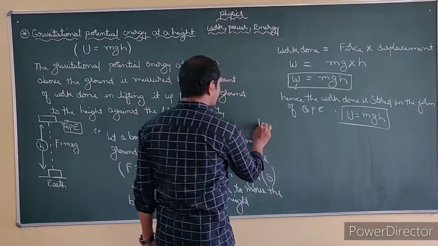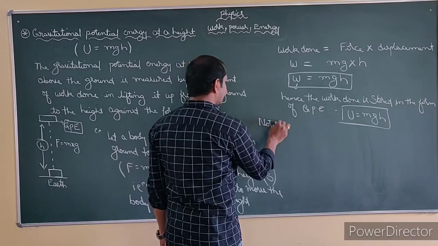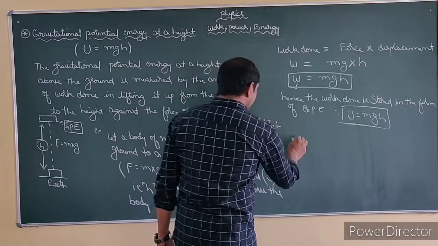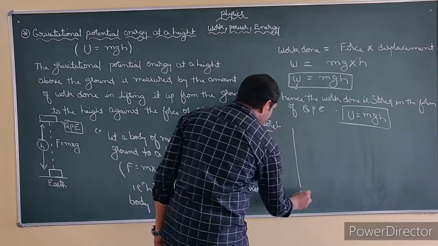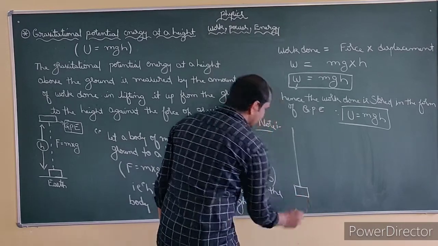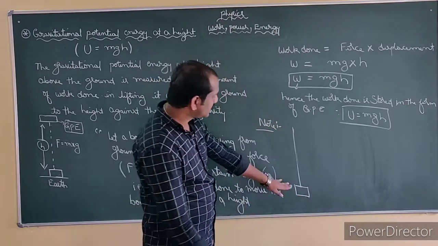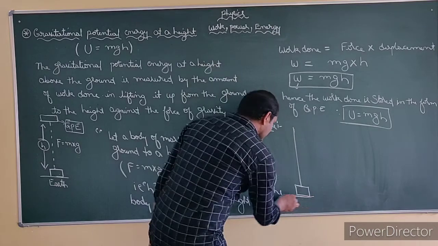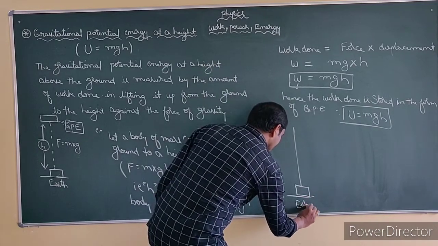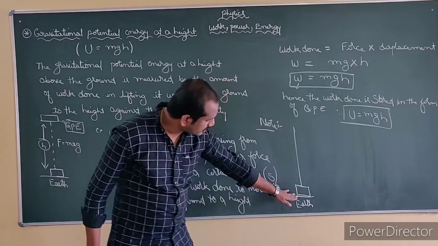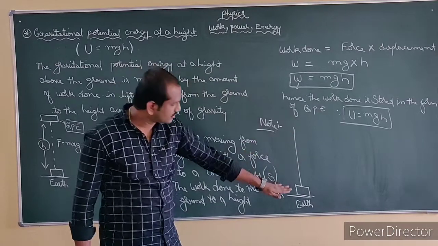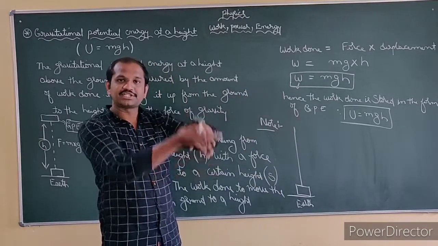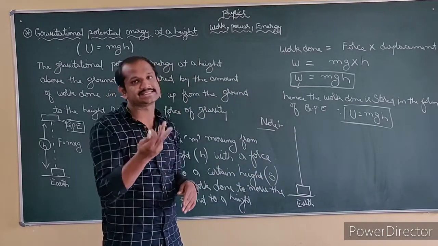See the situation. Note, you can give it as a note. There is a situation I am giving you. The body was here, and this is the earth. If a body is moving from the earth, what happens? When it is moving up, its gravitational potential energy obviously increases.